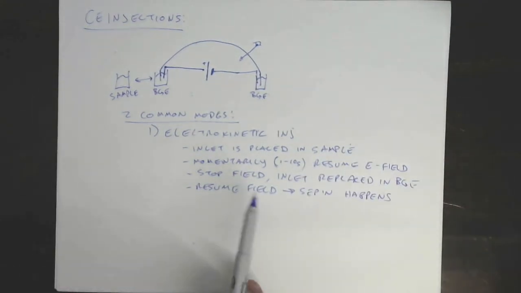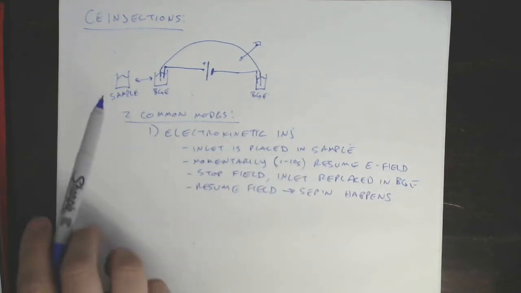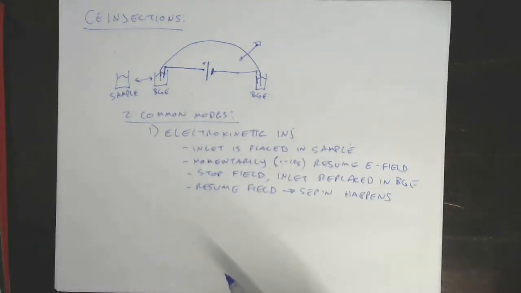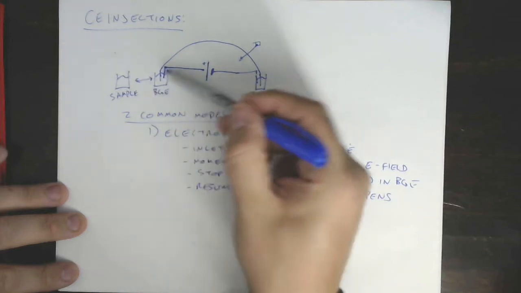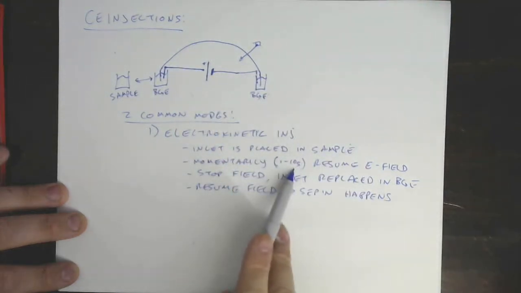Okay, so the idea here is that during this portion of the injection, we have the sample at the inlet, and electrophoresis and electroosmosis is carrying everything from the sample into the capillary a short ways. It only goes a short ways because we're only applying for a short time.